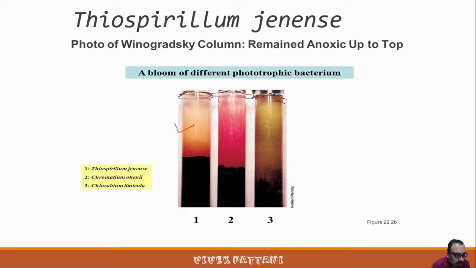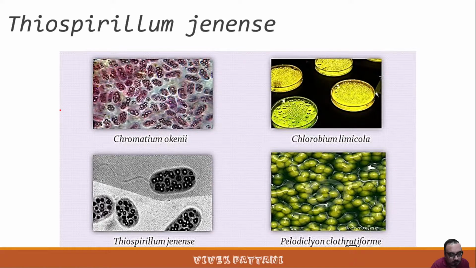The first one is Thiocystis gelatinosa, the second one is Chromatium okenii, the third one is Chlorobium limicola. Now there are colored photographs of the groups. Please have a look. I will give you all half a minute.